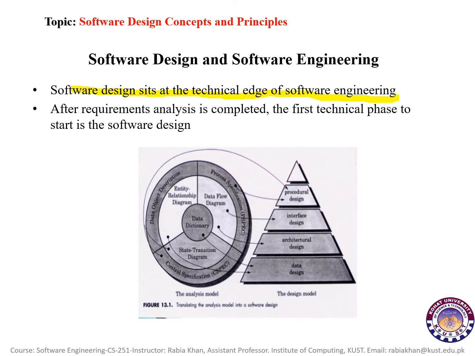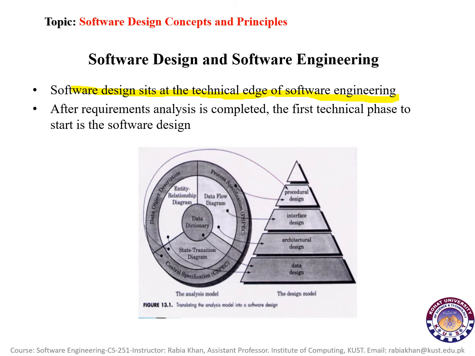These 3 phases are termed as the technical activities or technical phases. So design is the first technical phase within software engineering. Every activity transforms information in a manner that ultimately results in validated computer software. So all the 3 technical phases would eventually lead to developing a computer software.